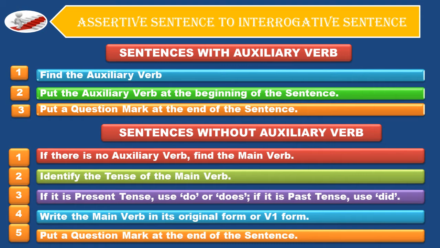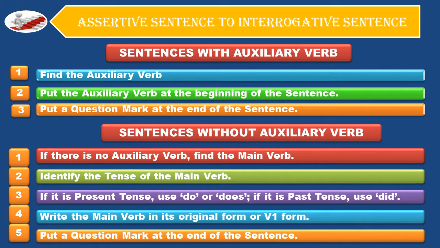So the fourth step is that whichever you have decided, whether it will be do, does, or did, you will write it at the beginning of the sentence, and you have to bring the main verb in its original form or V1 form. So for example, if S or ES or IES is added to the main verb, or D or ED is added, you have to remove that and write it in its base form or V1 form.